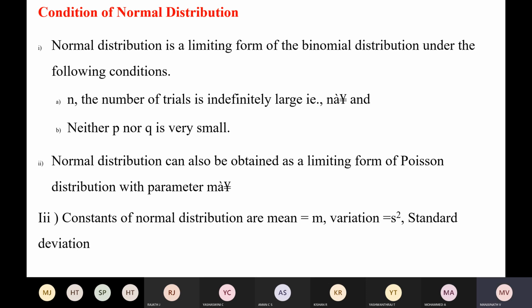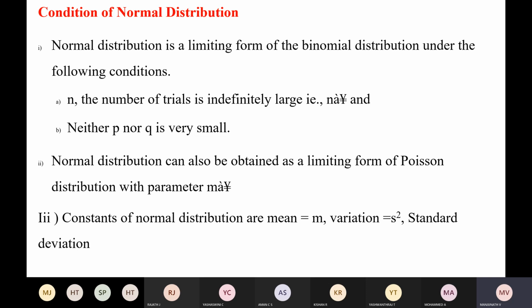And there are two major conditions. N should be very high, large. Don't bother about the symbol. N is large. Normal distributions are applied for large sample size.